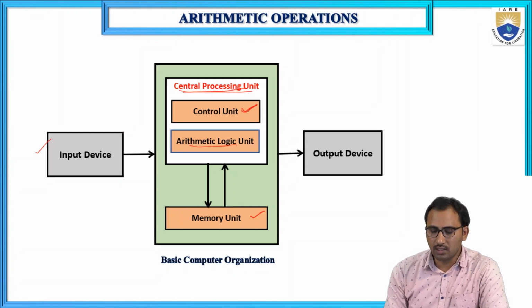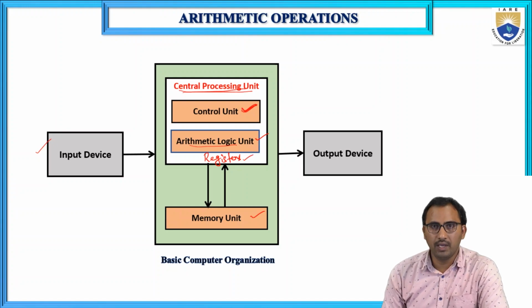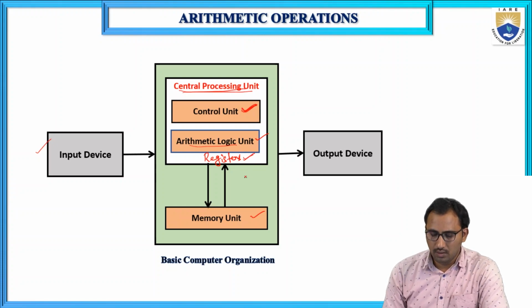In addition to the control unit and the ALU, we have some registers inside the CPU. Registers are used to store information, which may be a temporary value or intermediate results. All of that we can store in the registers of a processor. So this is about the CPU.